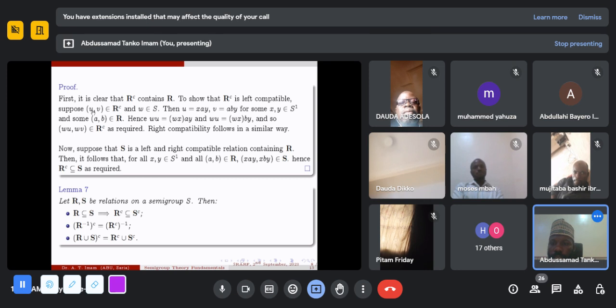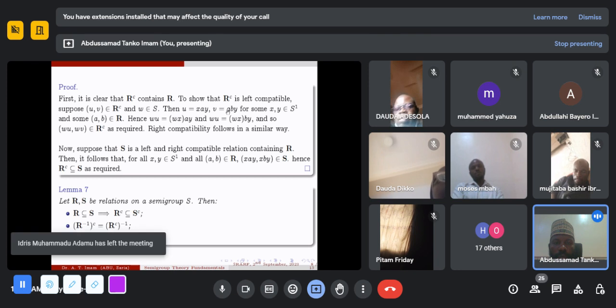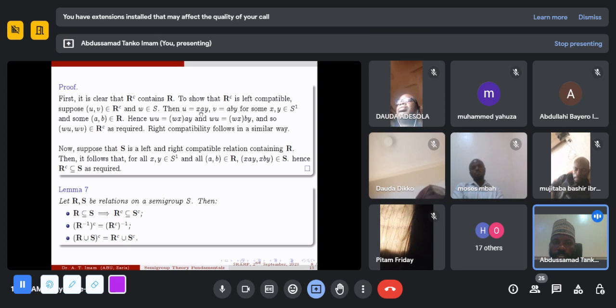But then if (u, v) is from R^c, by the way we define R^c, it means I can find x, y from the semigroup with identity adjoined, and a, b related, such that u is xay and v is xby, because that is how we define elements of R^c.